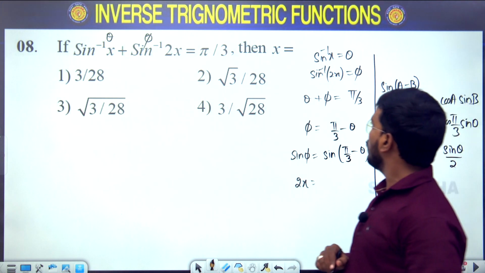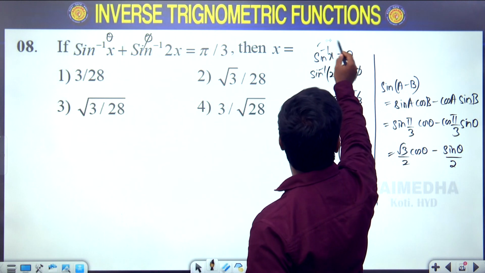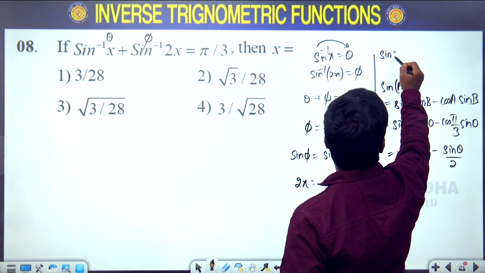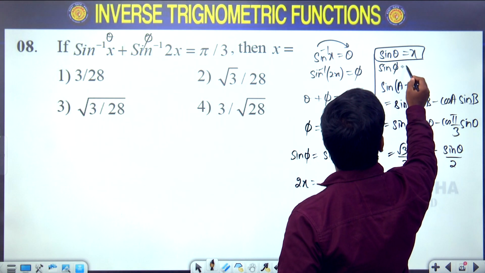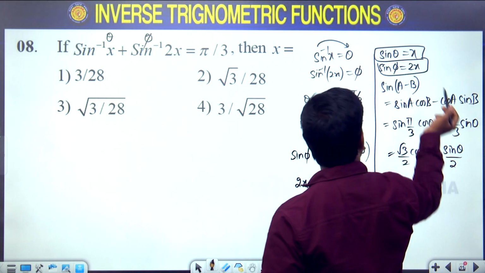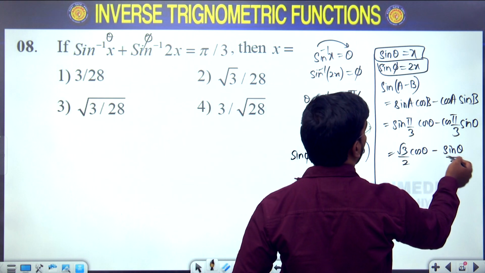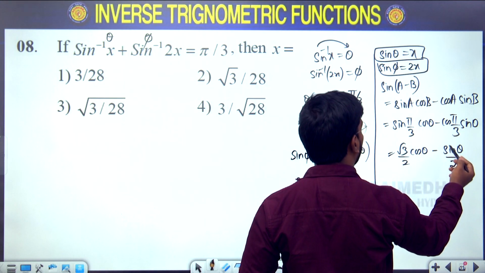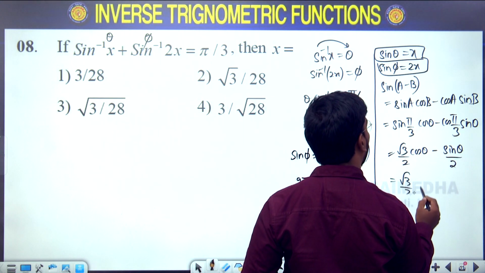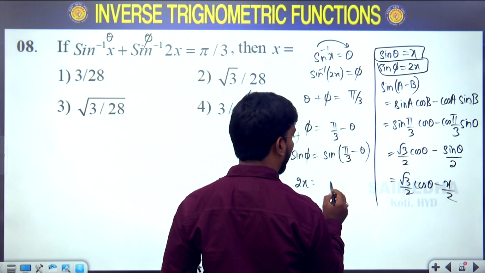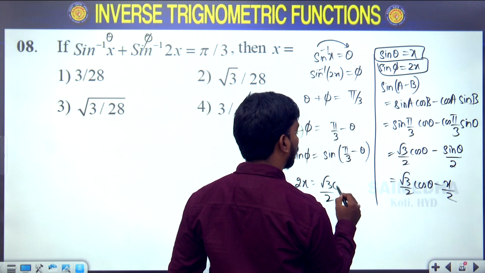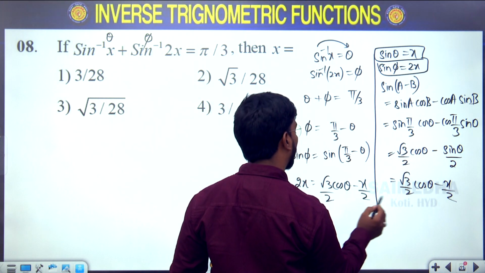Okay. We know that sin theta is also called x. Sin theta is equal to x and sin phi is equal to 2x. That's what we did there. So in the place of sin theta, what we can write here? x. So it is going to become root 3 by 2 cos theta minus x divided by 2. So the same thing I am writing here.